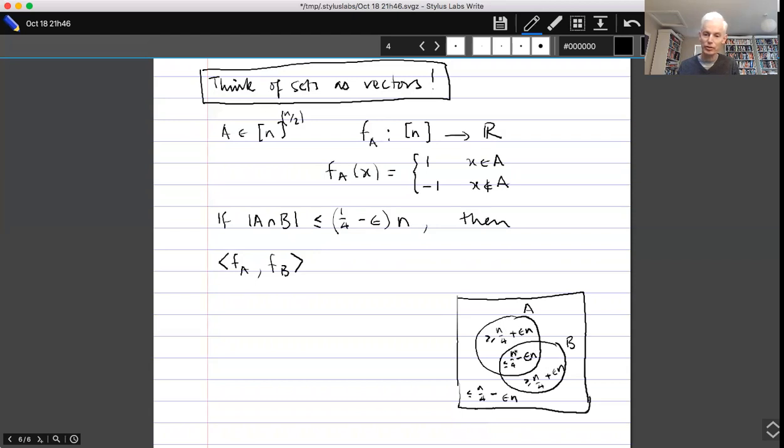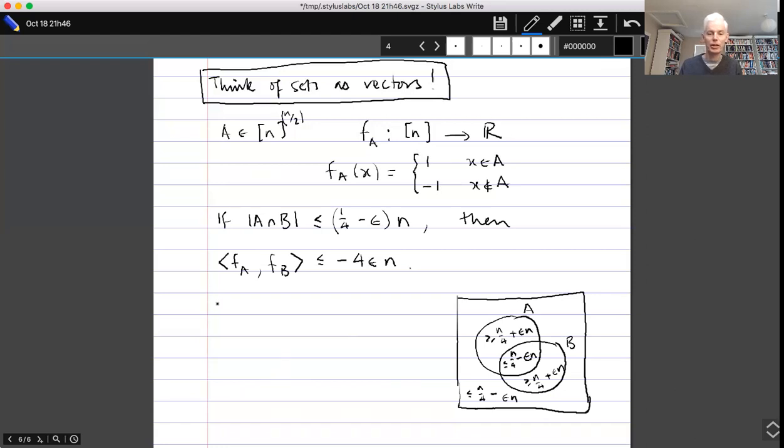When you work all that out, the n over 4, minus n over 4, minus n over 4, all cancels. And here we get a minus epsilon n, minus epsilon n, minus epsilon n, minus epsilon n, so it's less than or equal to minus 4 epsilon n.